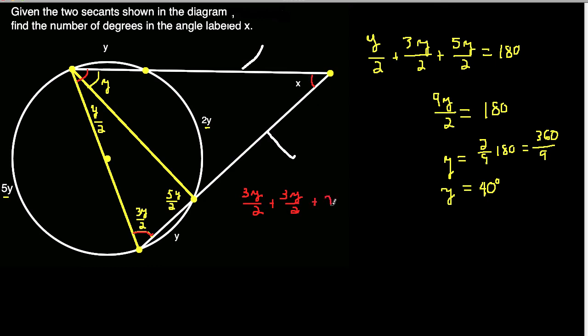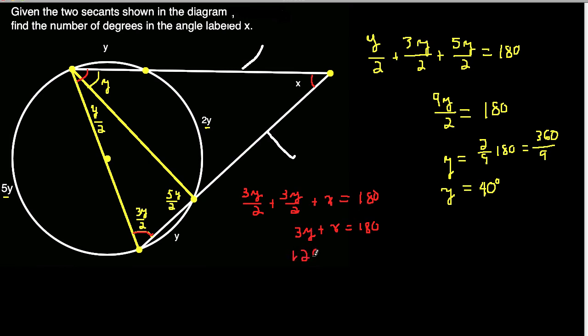And the sum of those three angles for that triangle must also be 180 degrees. So 3y over 2 plus 3y over 2 is 3y, plus x is 180. Now I've already said that y is equal to 40, so 3 times 40 is 120.